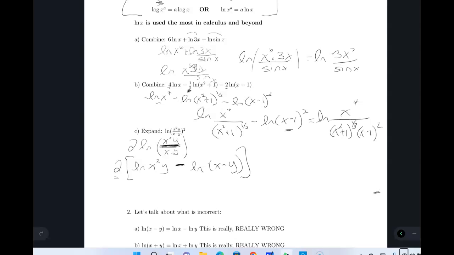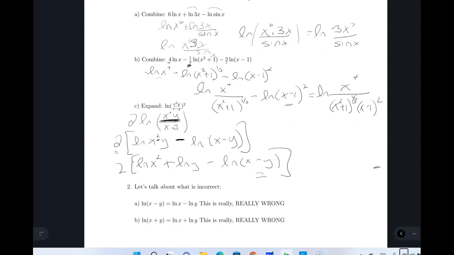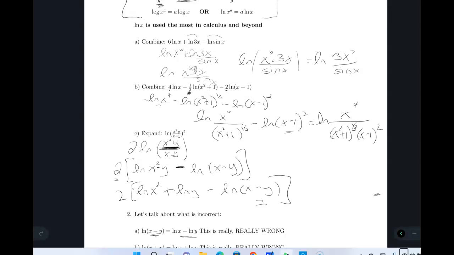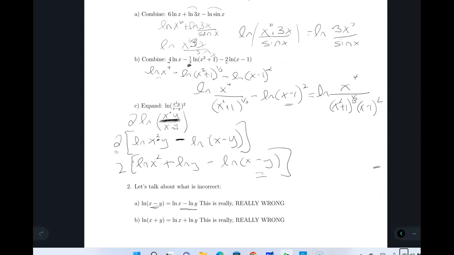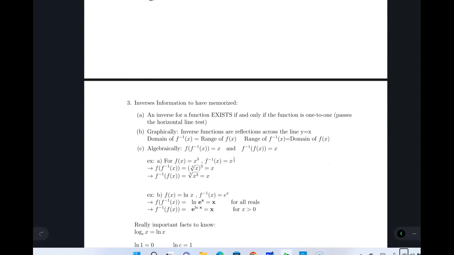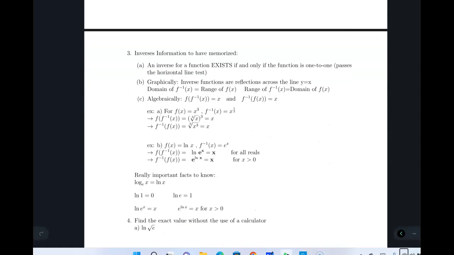Okay, so this one here, the multiplication on the inside could turn into addition, right? So ln of x squared plus ln of y minus ln of x minus y. Okay, be careful that you don't split this up, right? This is really wrong. It's when there's division on the inside that it turns into subtraction. But you cannot split up an ln around addition if it's inside the argument. All right. So these are just important facts that you need to know.